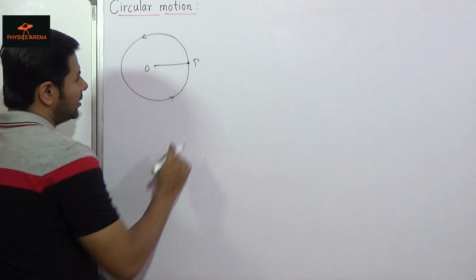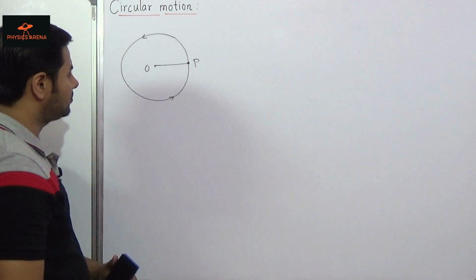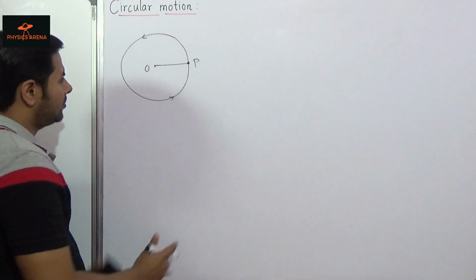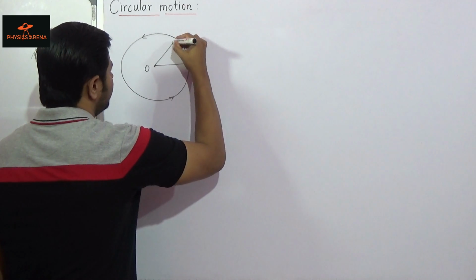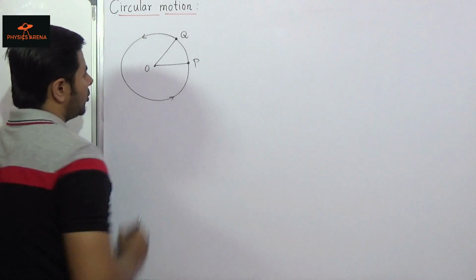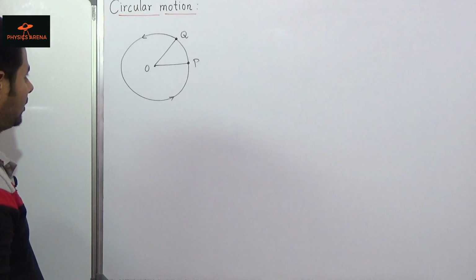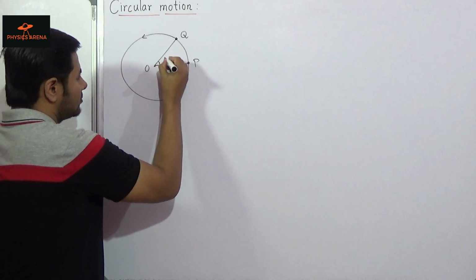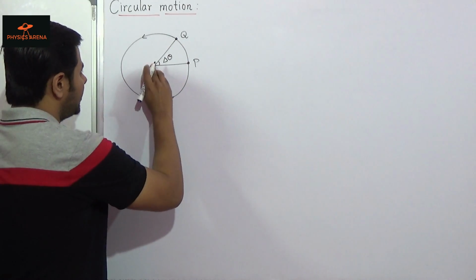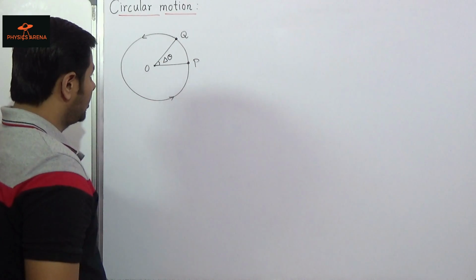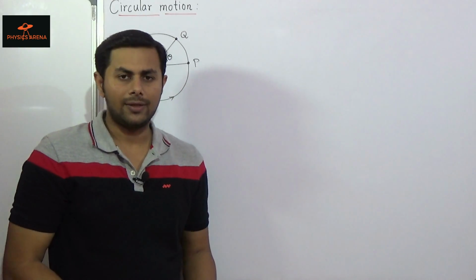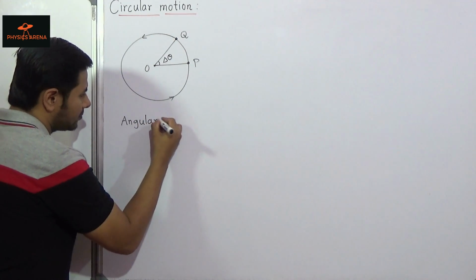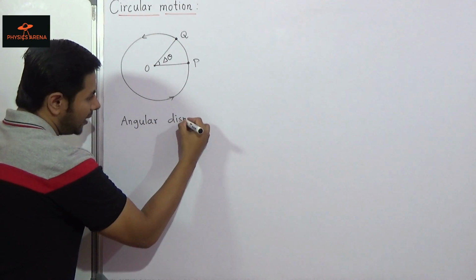So our particle starts at this point P, and in some time delta t, suppose it moves from point P to this point Q, and the angle through which this radius vector moves is suppose delta theta. So this angle is called the angular displacement of the particle.